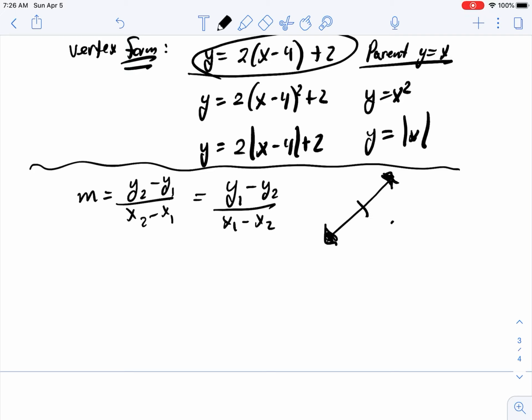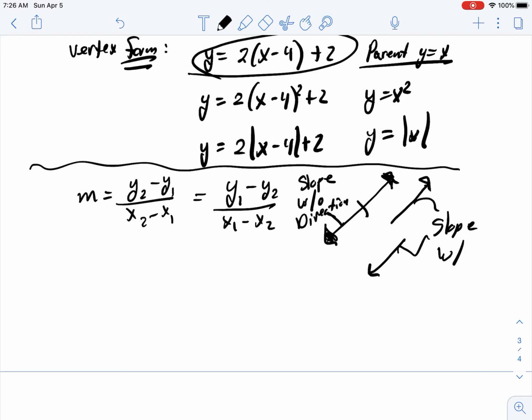But if you break this off, then it does matter, because then you have a ray. So you either go in this direction or this direction. So this one here is slope without direction. These two here are slope with direction.